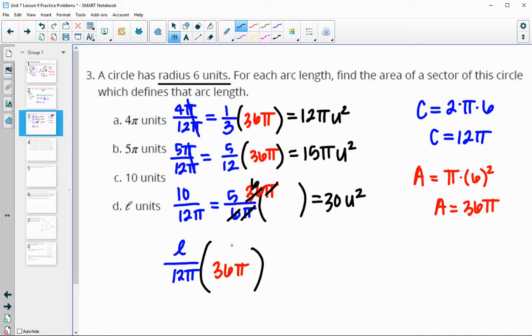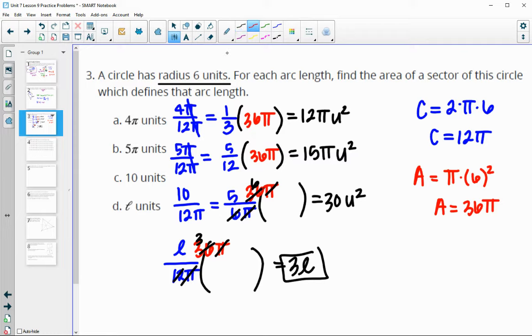When we multiply, this will multiply onto the top, so the pi's will cancel, and 36 divided by 12 is 3. So the area of our sector will just be 3L, or 3 times the arc length.